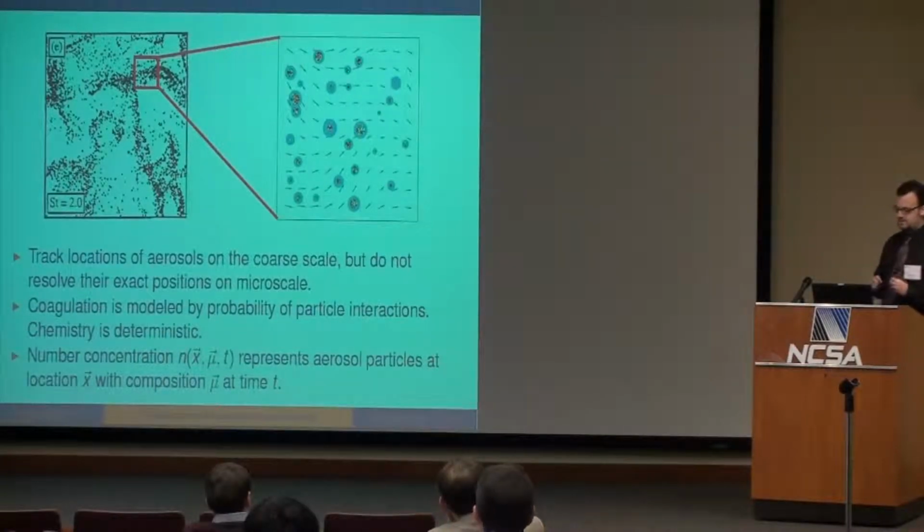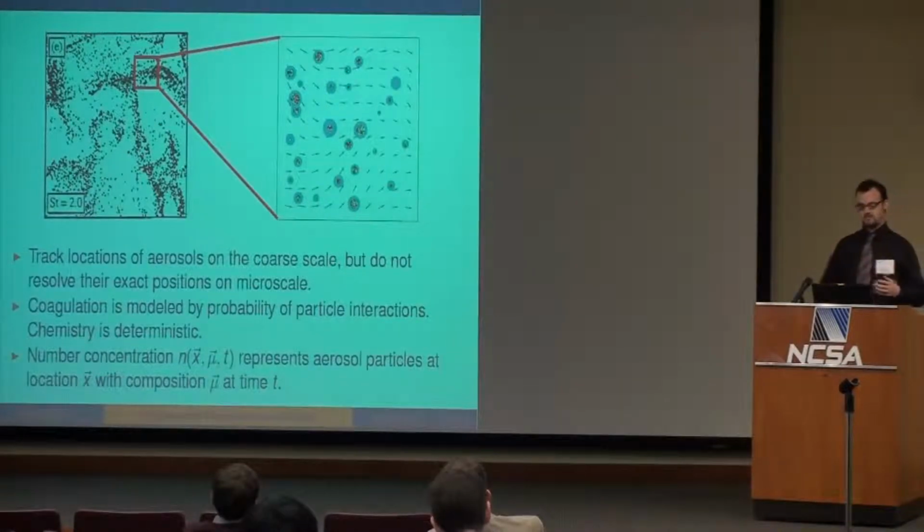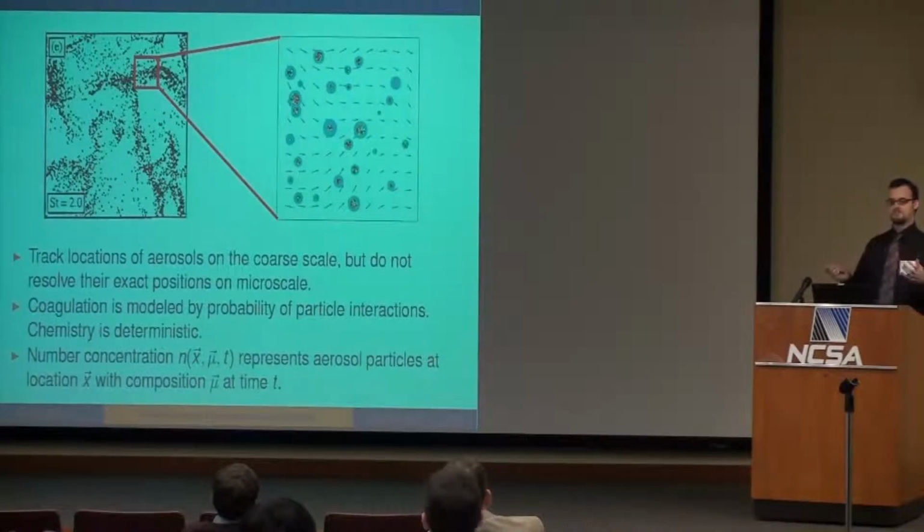Okay, so the concept is, on the left here, we have basically a particle flow field. And then I've highlighted a certain little region here. On the left here, we can see all the particles look the same from this distance. When we zoom in, we can see that particles are very different. They're going to interact in different ways, and their composition is different.